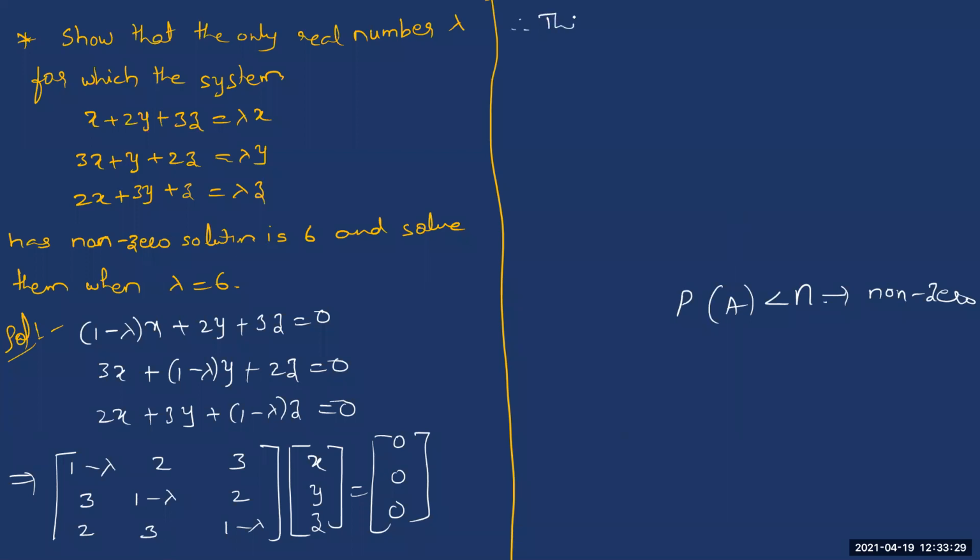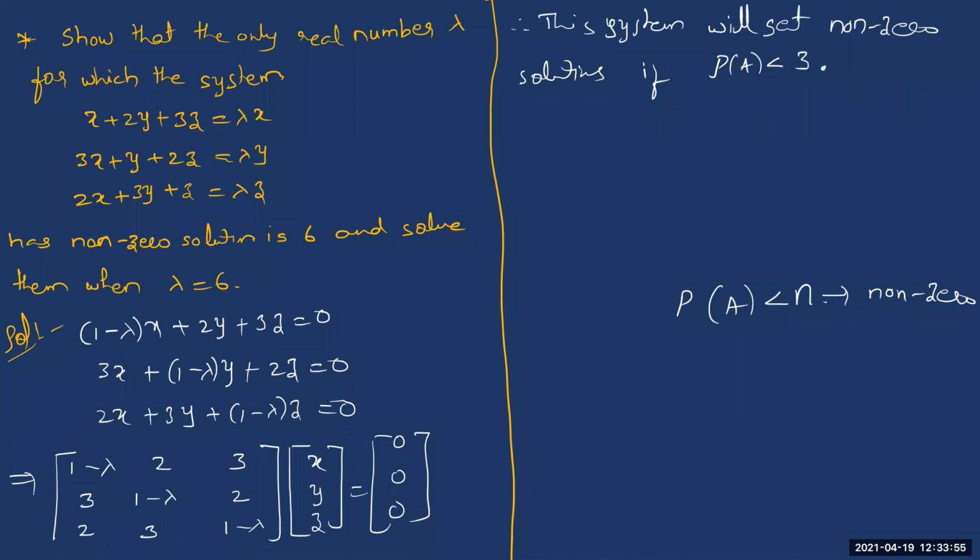Therefore, this system will get a non-zero solution. May not be one, but so many solutions, if the rank of A is less than the number of unknowns, that is 3.